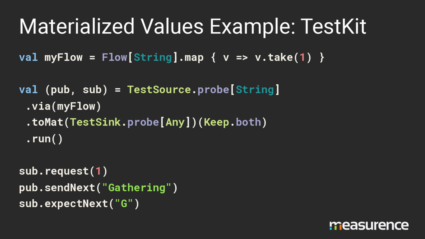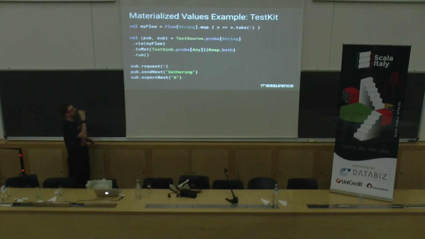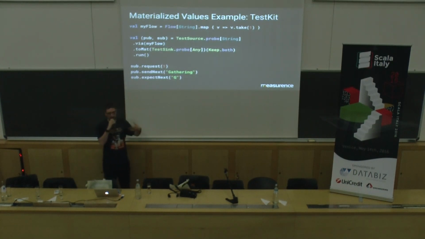A good example of materialized values is the test kit of Akka stream. So the test kit exposes two classes, the test source and the test sink. And these classes will materialize with the publisher and the subscriber. So the test source will give you a publisher that can be used to publish events inside the stream. So you get control from the outside.